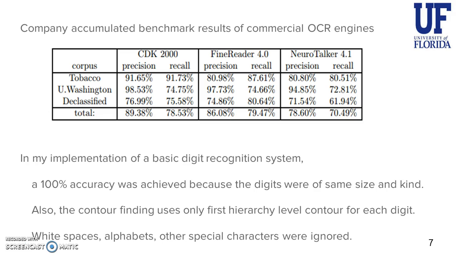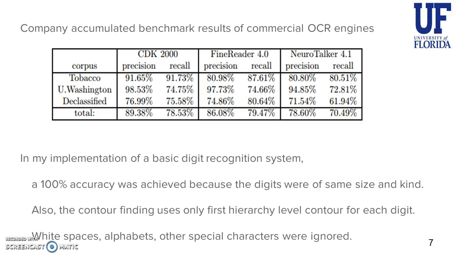Most of the general purpose page readers can read machine written text, but only a few can read hand printed alphanumerics. As you can see in the figure, a company accumulated benchmark results of commercial OCR engines that are available as of now, tested on different corpora.